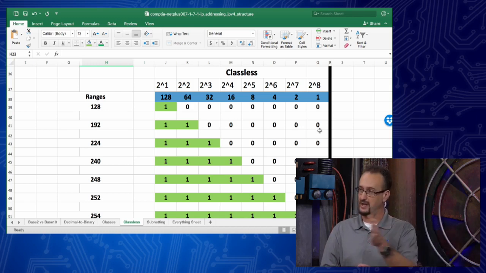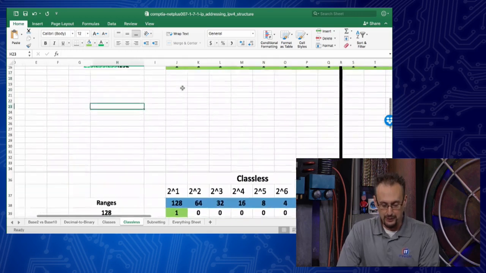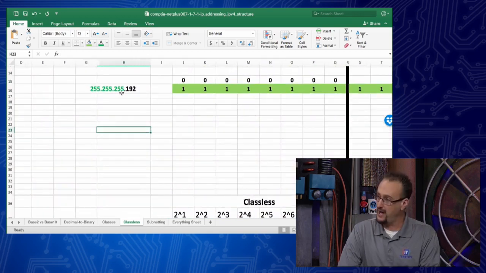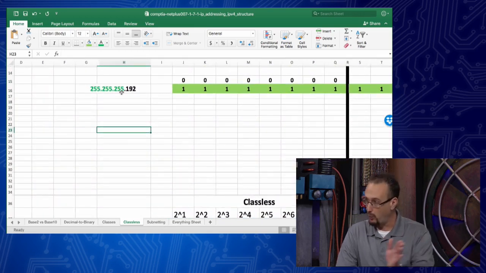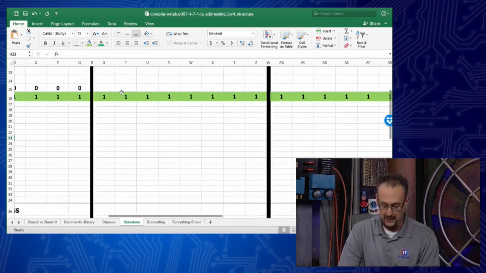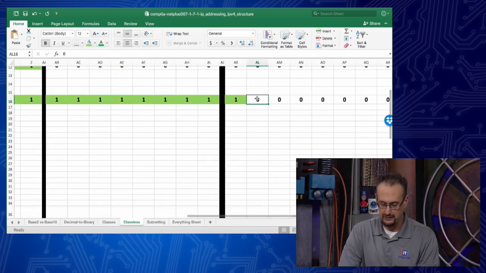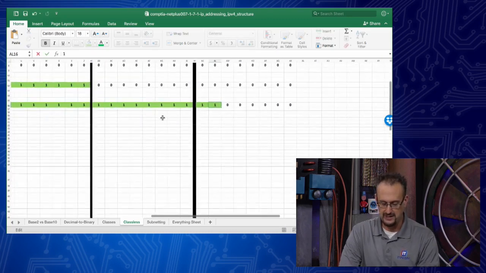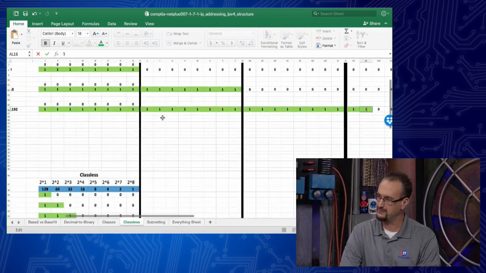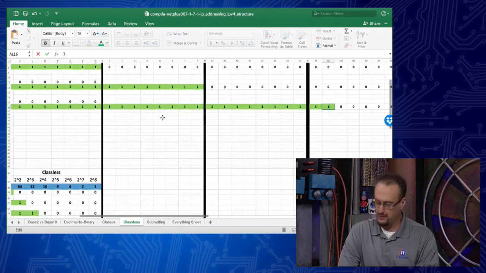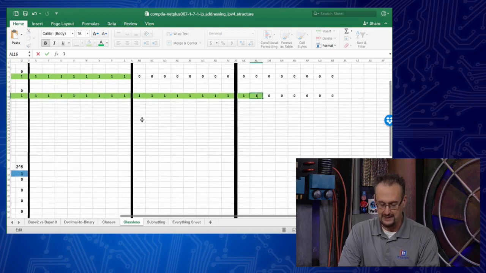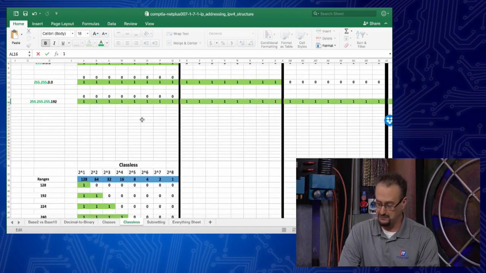I've got 2 one bits from the left to the right. If I put that on the end of these 255s, my 255s are all 1 bits, and then in that last octet I added another bit. Has that followed the rule of our subnet mask of being contiguous 1 bits from the left to the right? And the answer is true. So that is a valid subnet mask range, so you have to be aware of it.